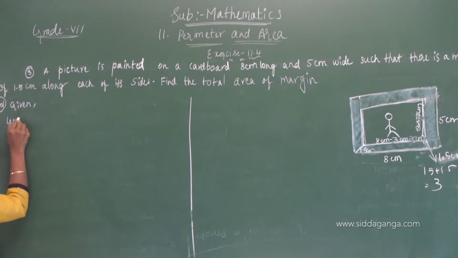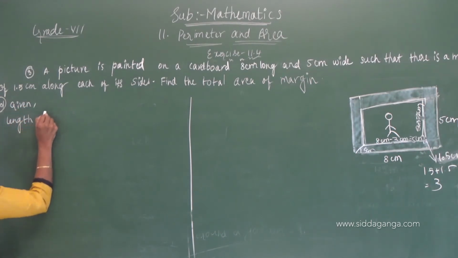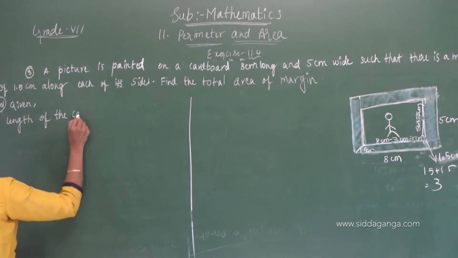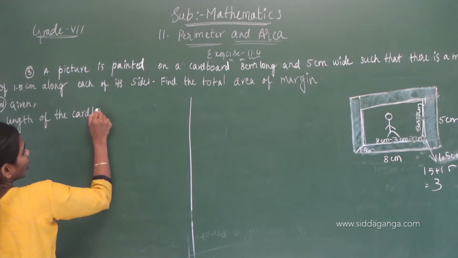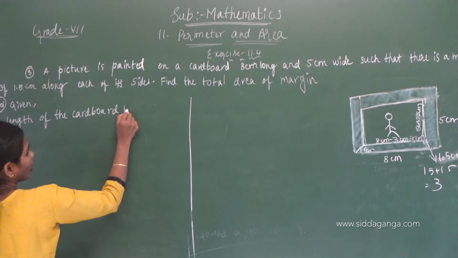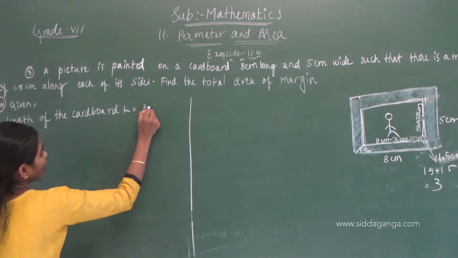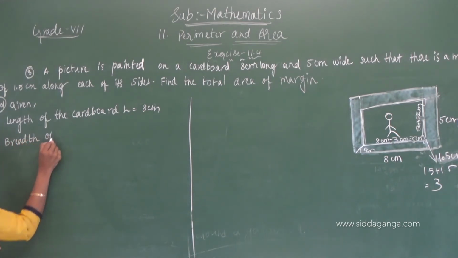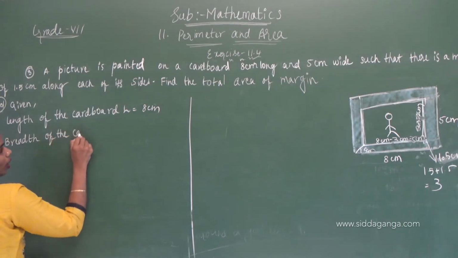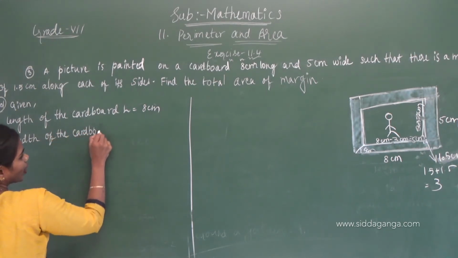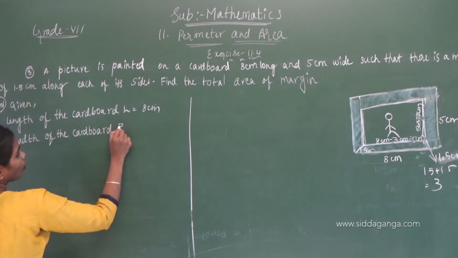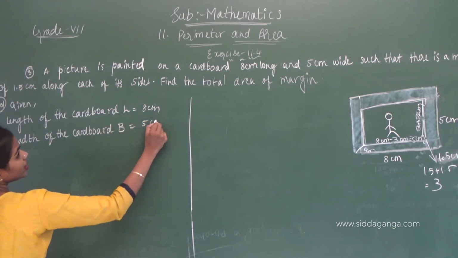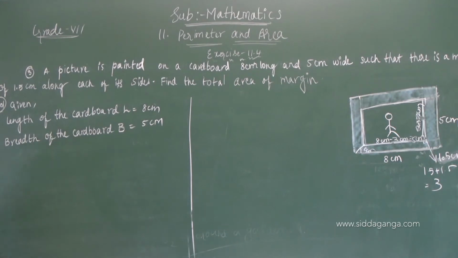Length of the cardboard, L equals 8 centimeters. And then breadth of the cardboard, B equals 5 centimeters.